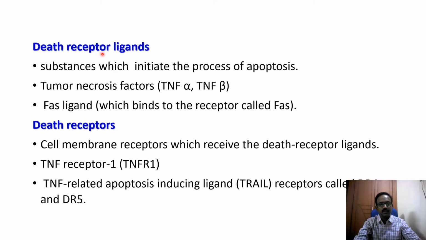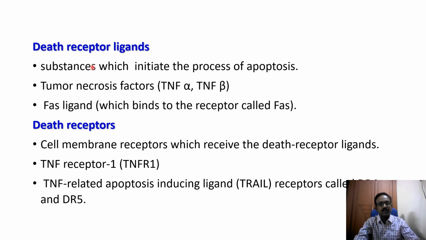Death receptor ligands are substances which bind with specific cell membrane receptors that initiate the process of apoptosis. The common death receptor ligands are tumor necrosis factors, TNF-alpha, TNF-beta, and FAS ligand, which binds to the receptor called FAS.